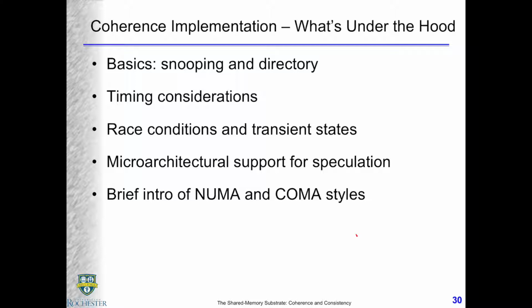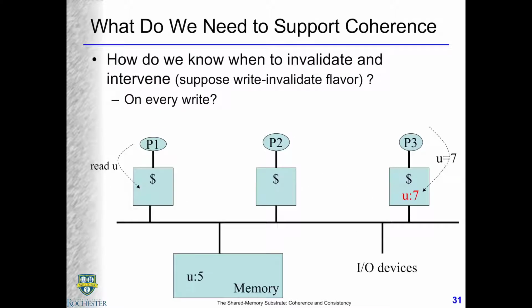So let's get started with the basic support. Remember this initial example: if we have a processor that updates a cache line and then someone else in the system is trying to read, we have to provide the up-to-date data, not the one that is in memory.